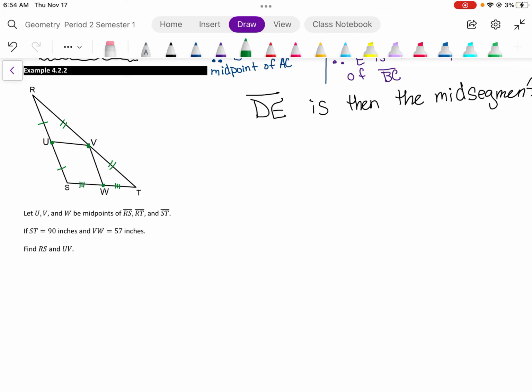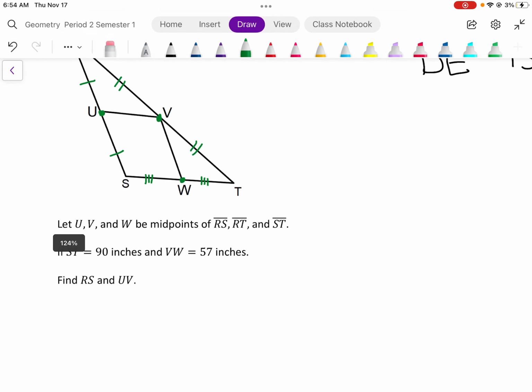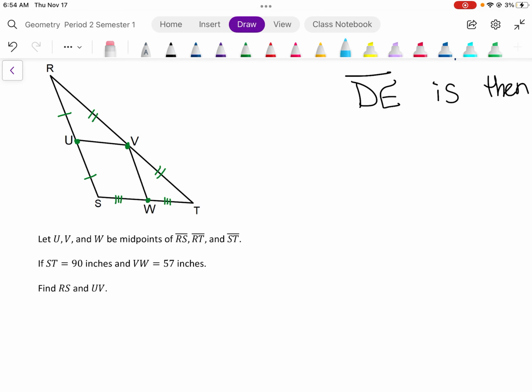So because U, V, and W are midpoints, we know all the sides of the triangle are going to be cut in half. Once we have that, we can go ahead and fill in the next piece of information. We know ST is 90, so this whole length here is 90.